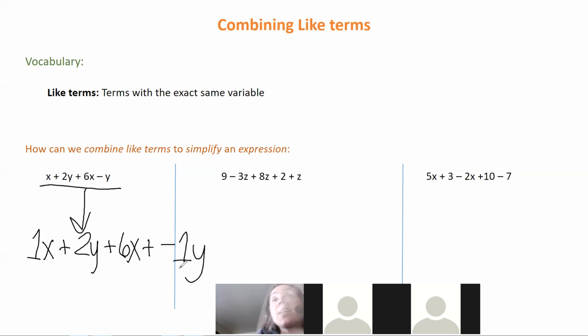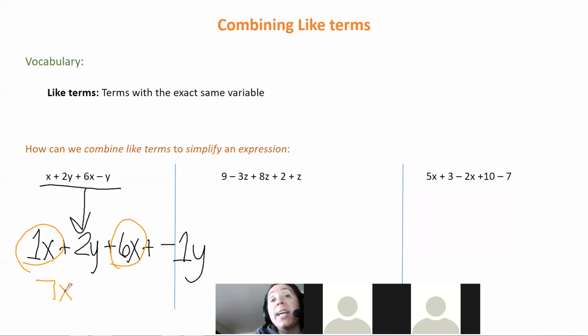Do you guys see this? I'll give you the first one. So you guys see this 1x and this 6x? Both of those have x's, so I can combine them. 1 plus 6 gives me 7x.